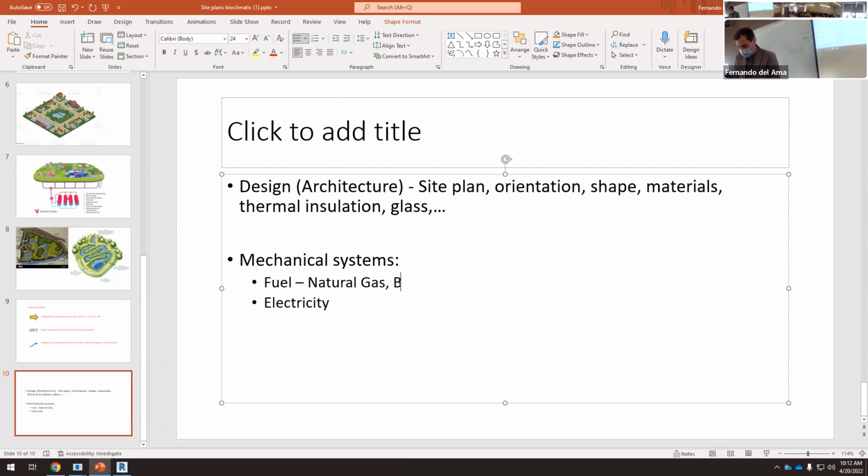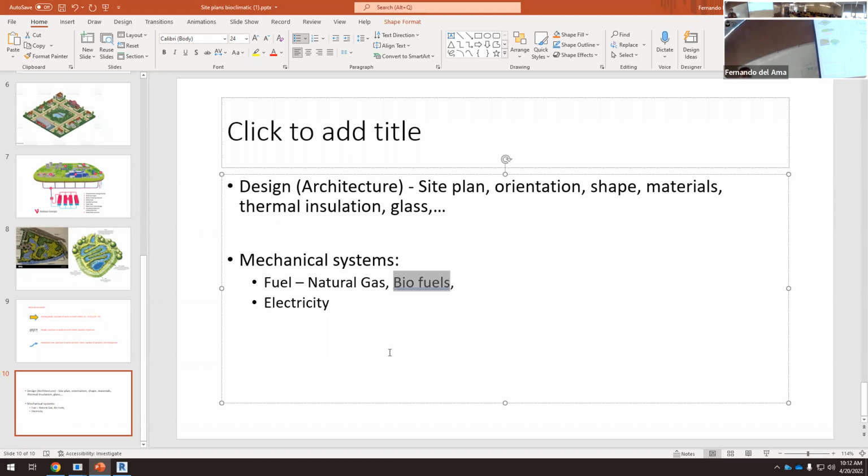There are always biofuels. What is a biofuel? It's basically burning something that is natural. There are plants. If we burn oil or we burn directly those plants, we generate CO2 emissions.